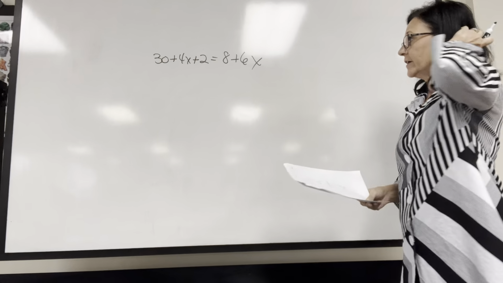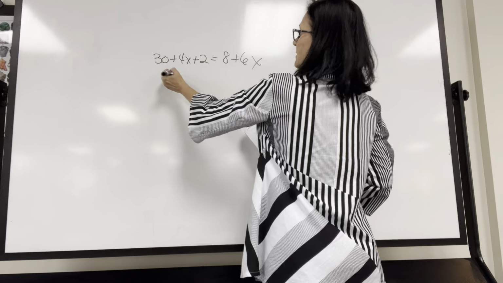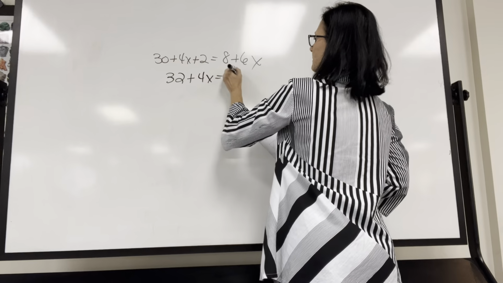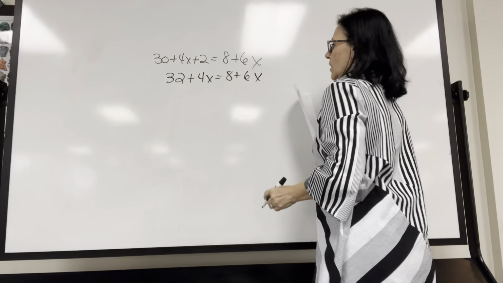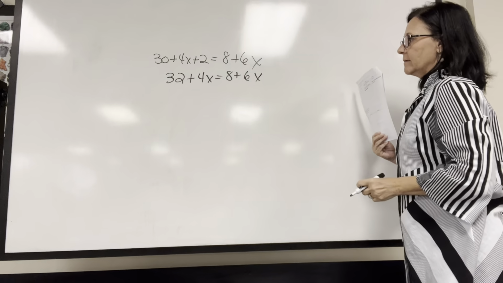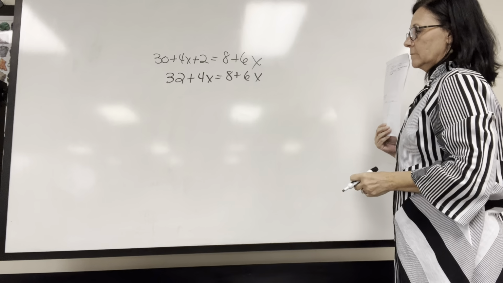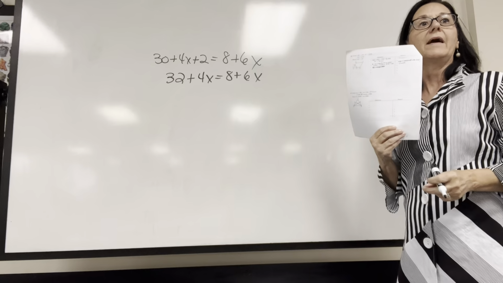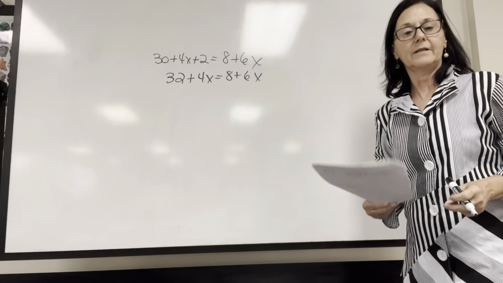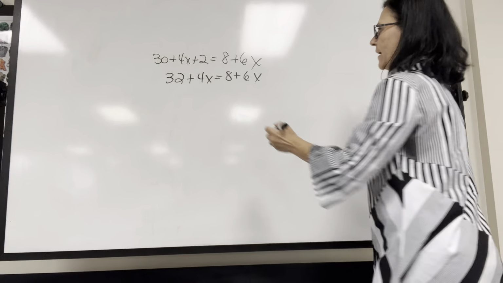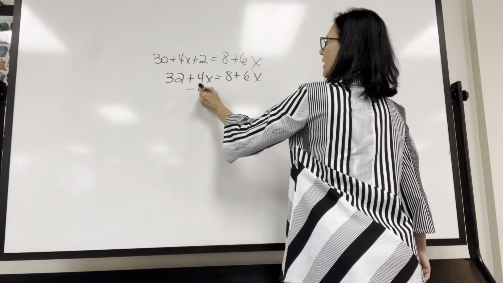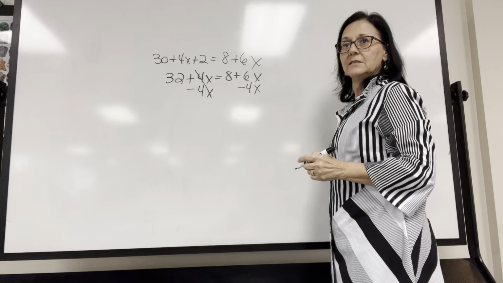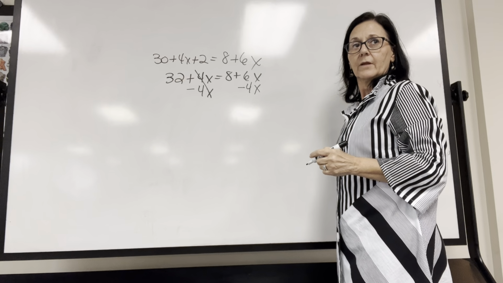We only have one variable. All right, so let's combine our like terms. Are we moving our x to the left or the right? It doesn't matter. Which way would you want to move it? I would want to move it right. So we'll subtract 4x from both sides. And we're going to move our constant. What's a constant?